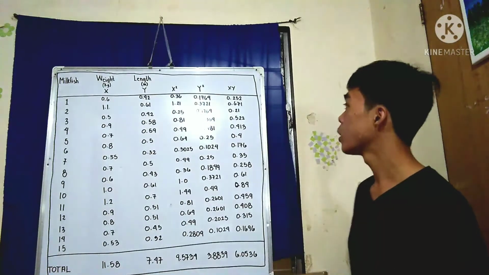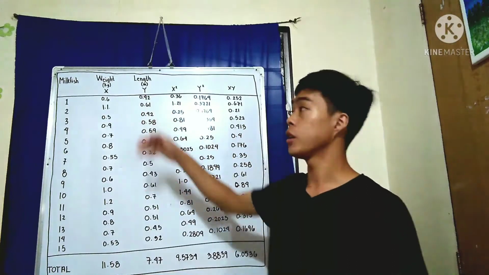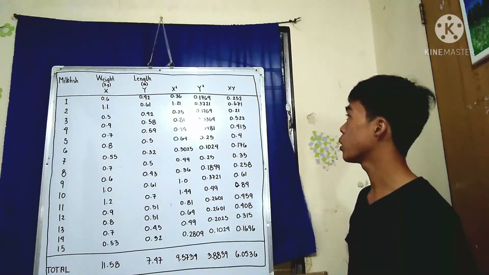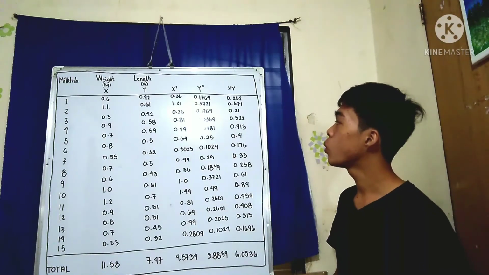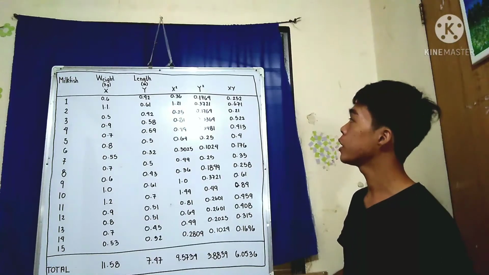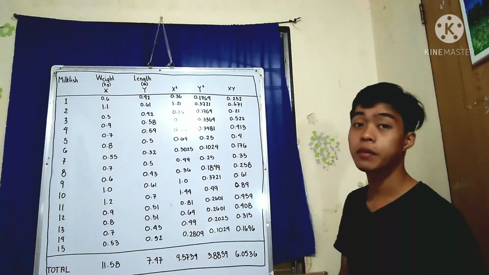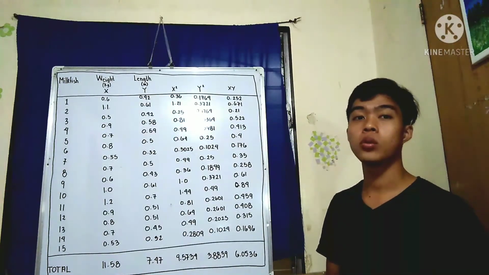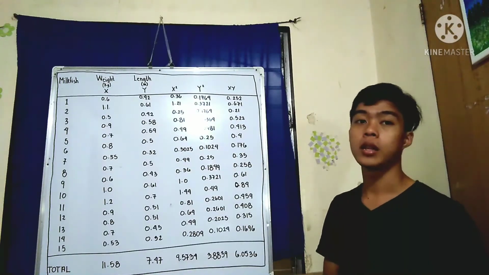So now, we will multiply this x and y. 0.6 times 0.42 is equal to 0.252. Then 1.1 times 0.61 is equal to 0.671. Then 0.5 times 0.42 is equal to 0.21.